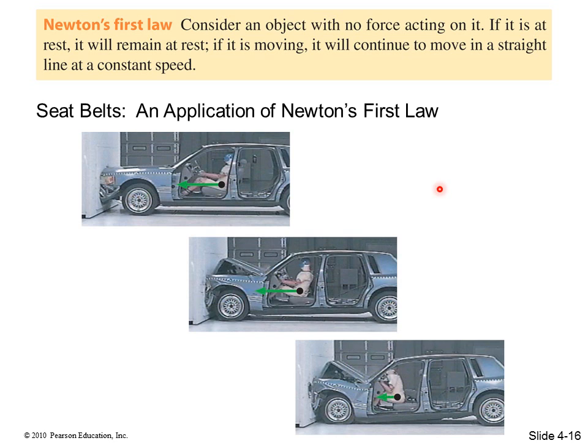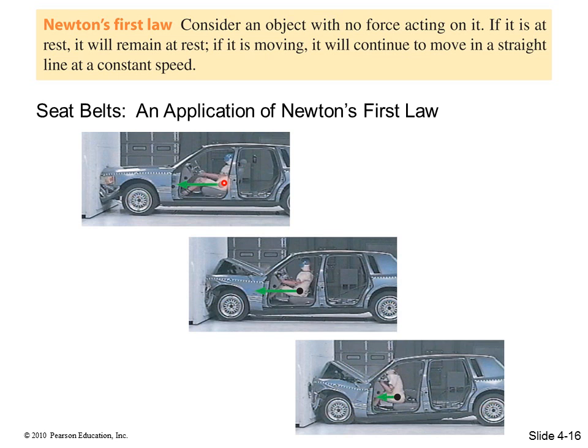Newton's first law states that if there's no outside force acting on an object, if it's at rest, it's going to stay at rest. If it's moving, it's going to keep moving in a straight line at whatever speed it has. So this particular picture here is showing this crash dummy, and the green vector is velocity.